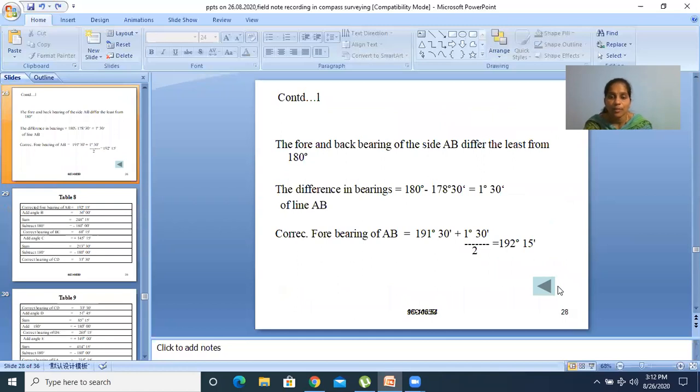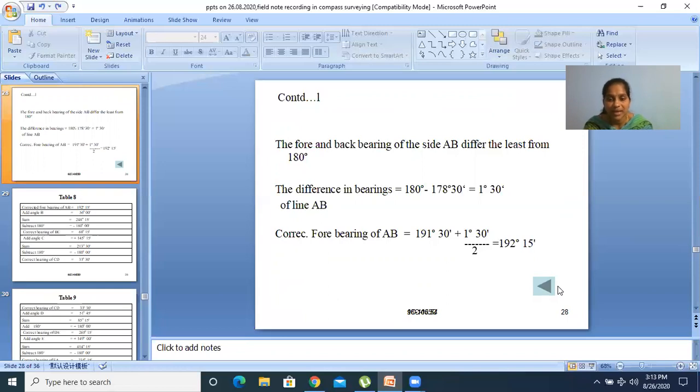Now, if no line has a difference between forebearing and back bearing of exactly 180, then you have to take the least difference. Here the forebearing and back bearing of line AB have the least difference from 180 degrees.